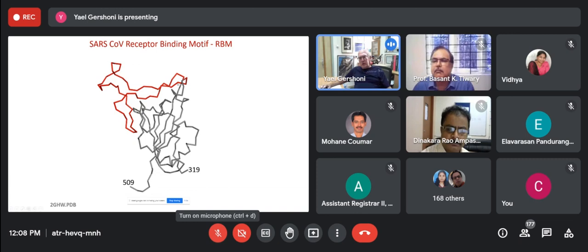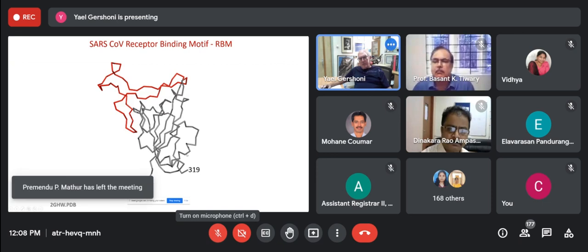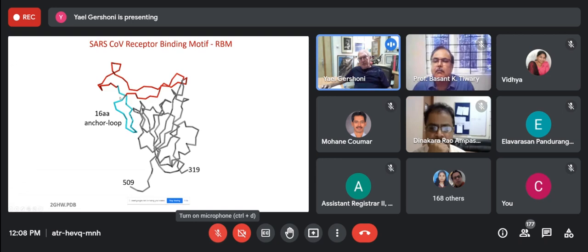Now, when we looked closer at the RBM, the red structure here, and the core, we realized that there is an anchor loop, this that I'm highlighting in blue. And this anchor loop actually forms a number of hydrogen bonds, which are blinking now, with the core.